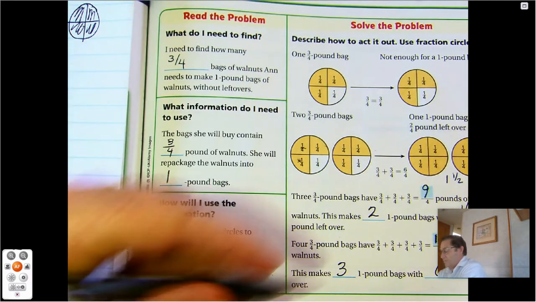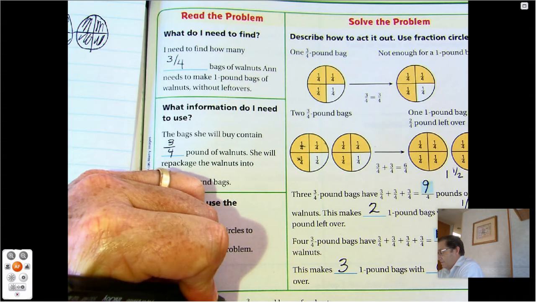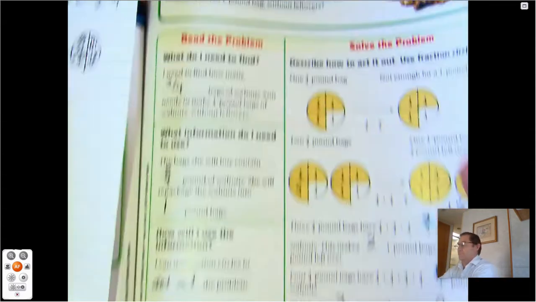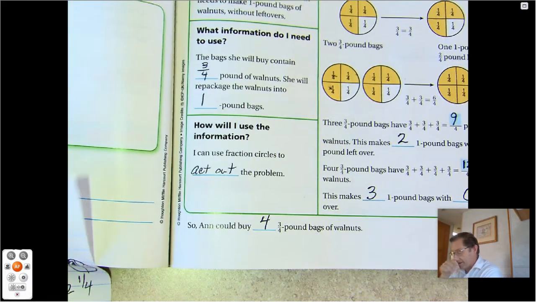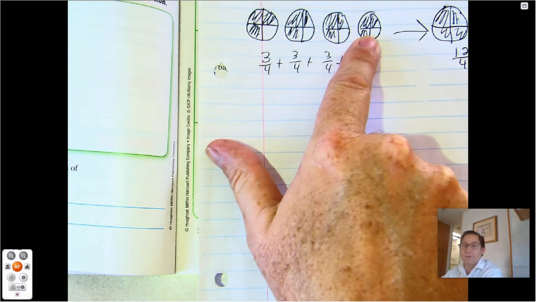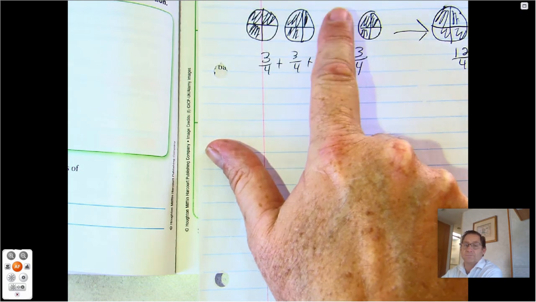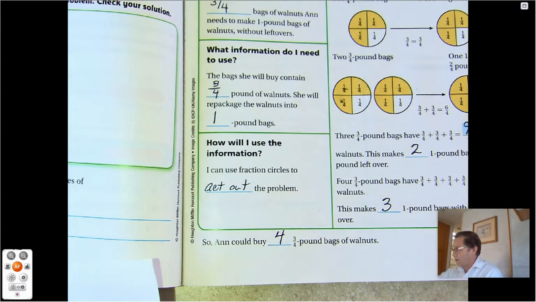So Anne could buy 4 of the 3/4 bags of walnuts. How do we know it's 4? Because each of these circles here represents a 3/4 bag of walnuts. 4 bags. All right.